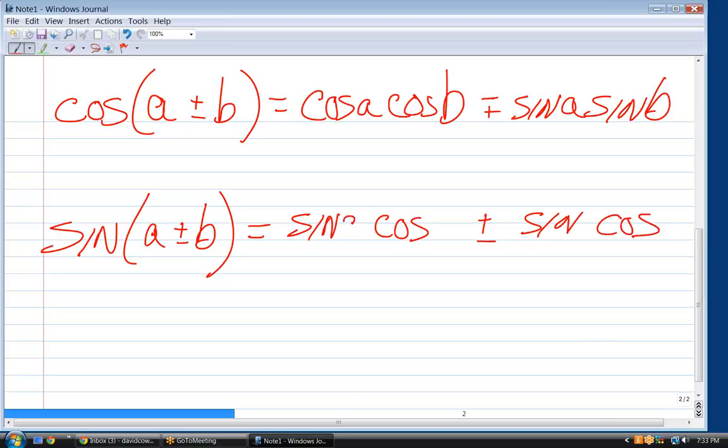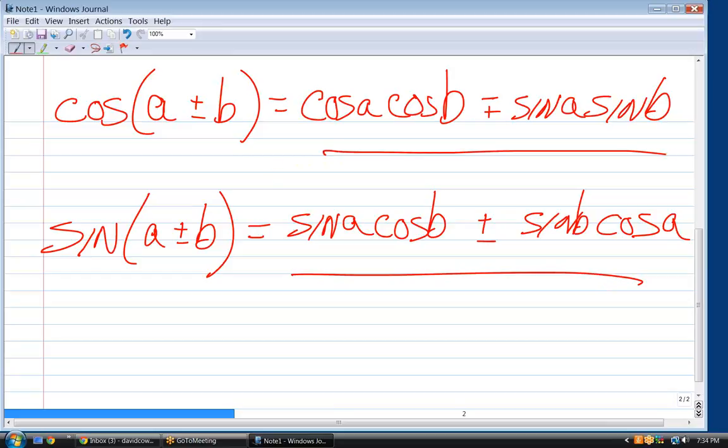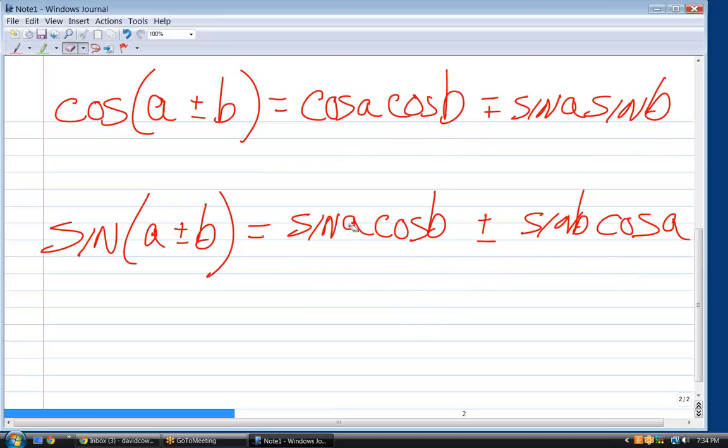And the letters are different in each case. This has to be the opposite, so this must be sine of B, cosine of A. Notice there are two sines, two cosines in both. And once you get the first part of this, the second part is automatic. There's only one thing the second part can be, and that's the reverse of the first part.